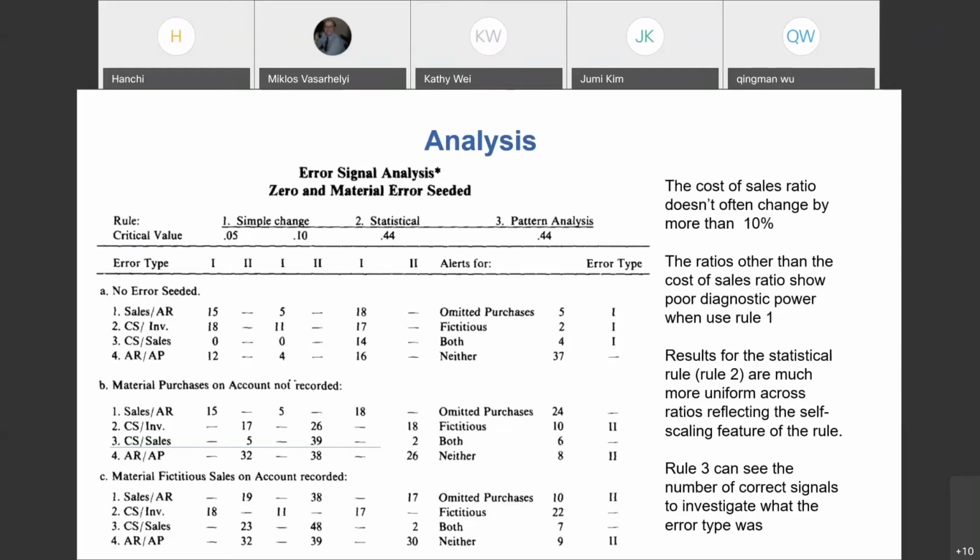The ratios other than the cost of sales ratio show poor diagnostic power when we use rule 1. Rule 2 may be a little better, and we can find much more uniform cost ratios reflecting the self-scaling features of the rule. And the third one, we can also know the number of correct signals, and we have the ability to investigate what the error type was.